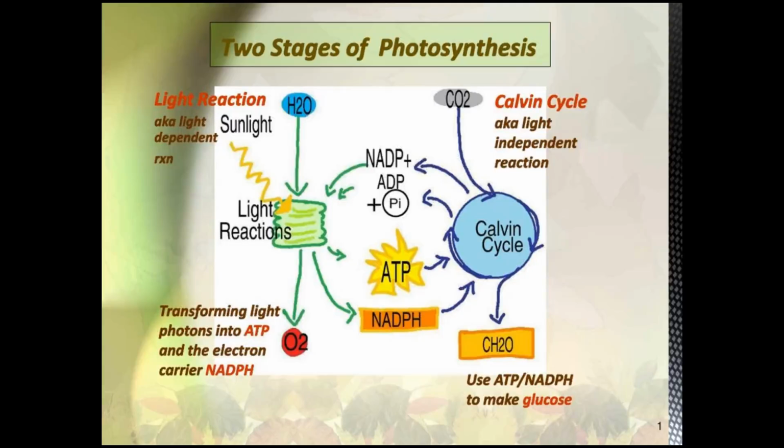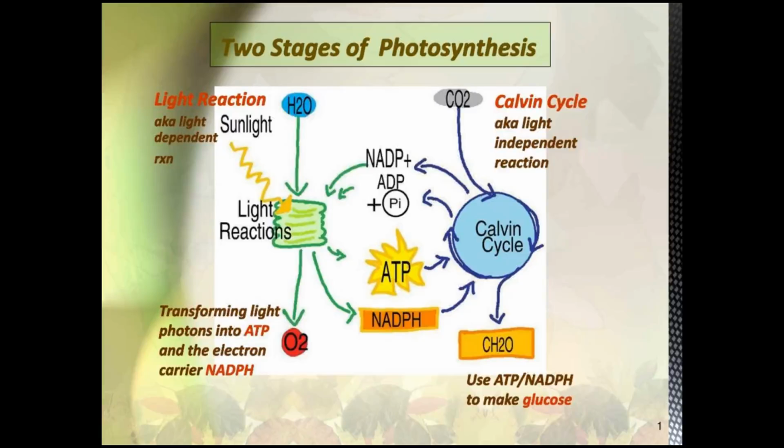So in the light reaction, water is going inside, sunlight is also going in, and it transforms light photons into ATP and the electron carrier NADPH. We get ATP and NADPH, and those go inside the Calvin cycle.